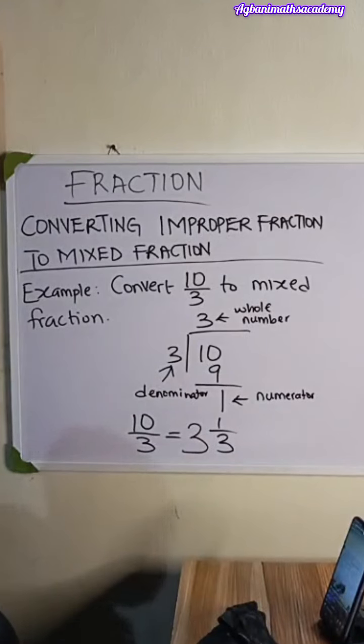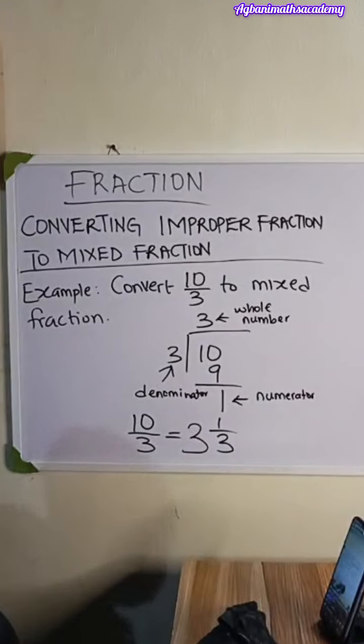So if we're expected to convert one whole number, 1 all over 2, to improper fraction, all we need to do is multiply the denominator by the whole number, and then we add the numerator. So this will be 1 whole number, 1 all over 2. So between 2 and 1, you are going to multiply. So whatever answer you get, between that and 1 here, you're going to add.